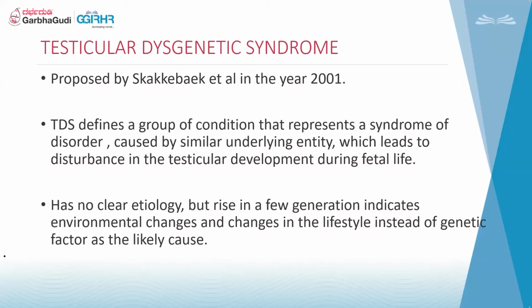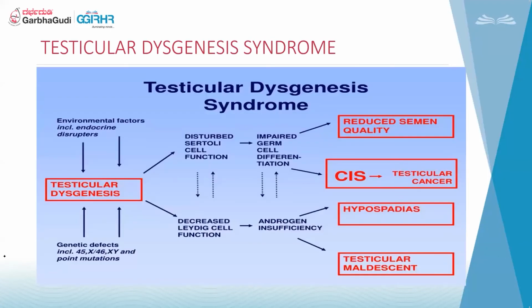They have no clear etiology, but the rise over a few generations indicates environmental changes and changes in lifestyle, instead of genetic factors, as the likely cause. So it is mostly related to our lifestyle.